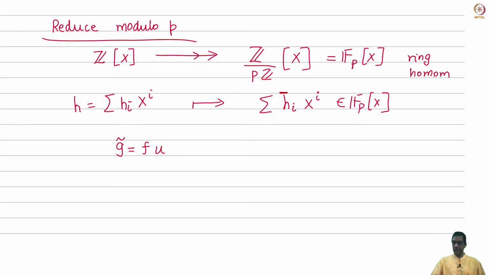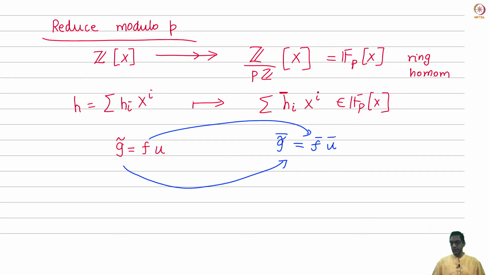If I apply my reduction modulo p to each of these terms, g tilde will go to some polynomial g tilde bar, f will map to some polynomial f bar, u goes to u bar, and because it's a homomorphism, the same identity holds: g tilde bar is f bar u bar. And this is now an identity in the ring F_p[x].